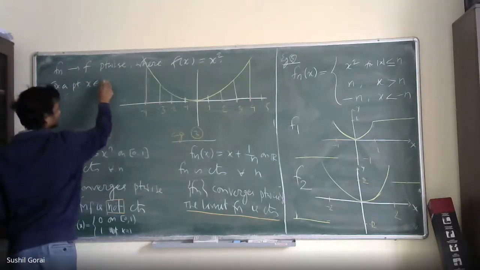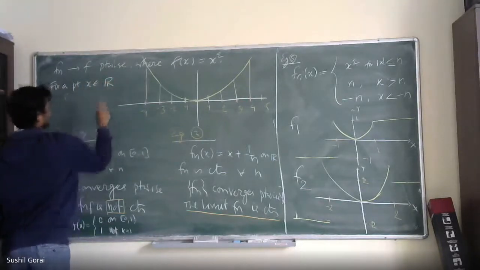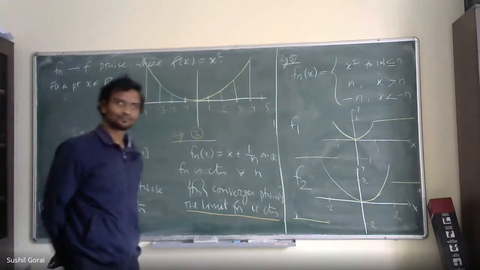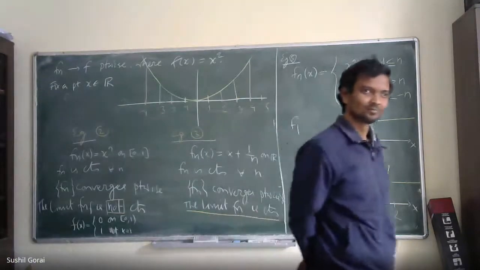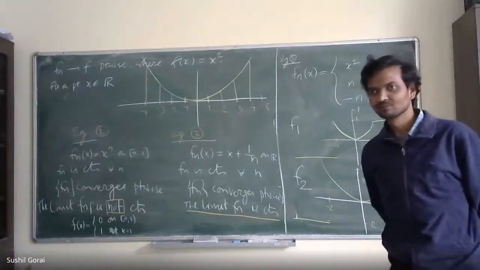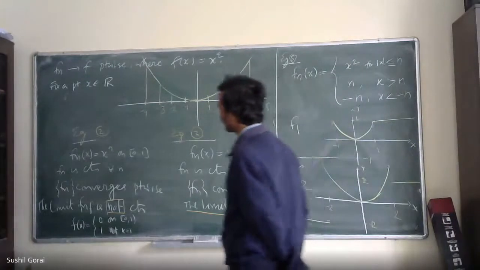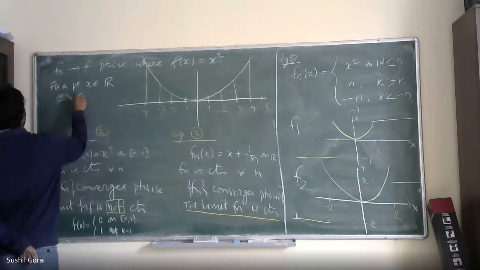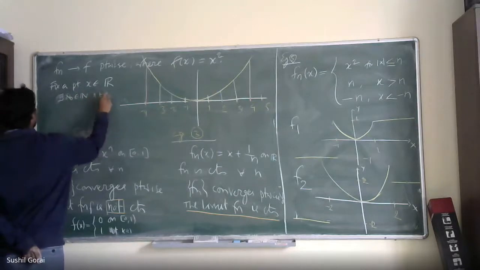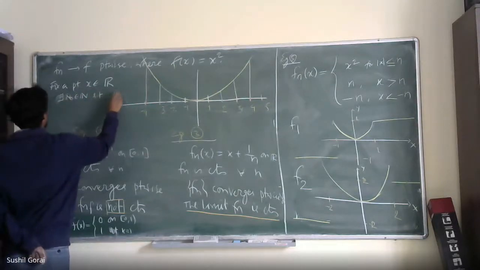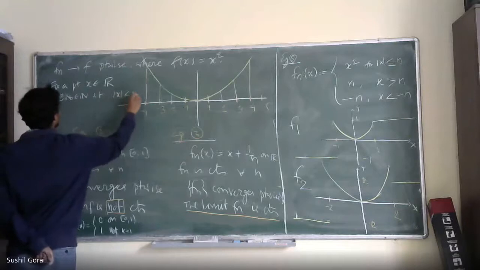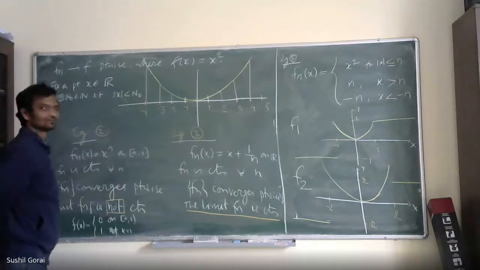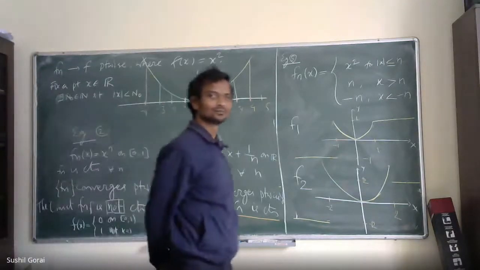Now there exists n naught, a natural number, such that mod x is less than n naught. Is this correct? Yes, sir. All right.